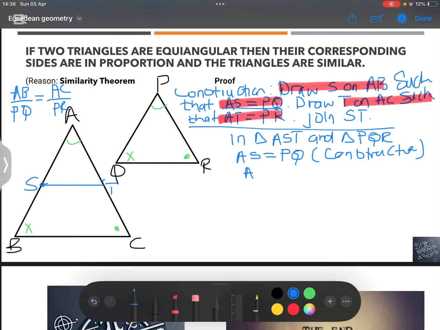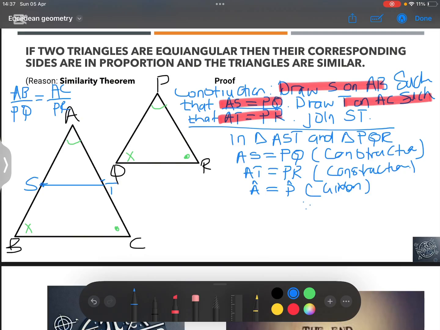Okay, let's continue. Then we have AT equal to PR, also from construction, the one you constructed up there. So now we have angle A equal to angle P, and this is given, as I've said it will always be given when you're proving that.